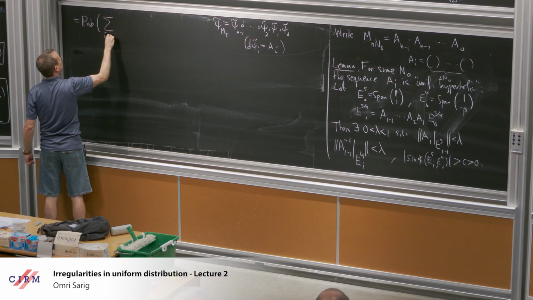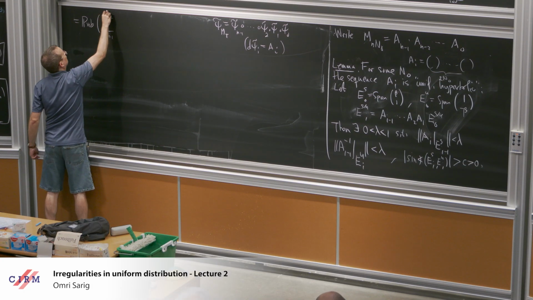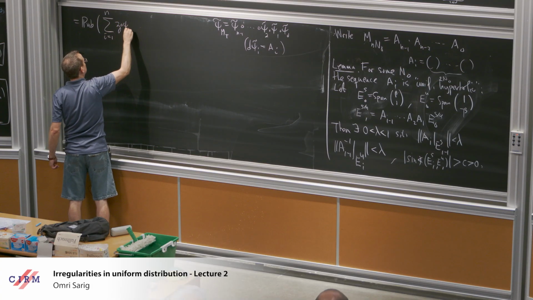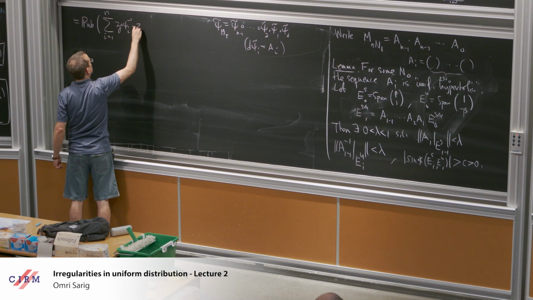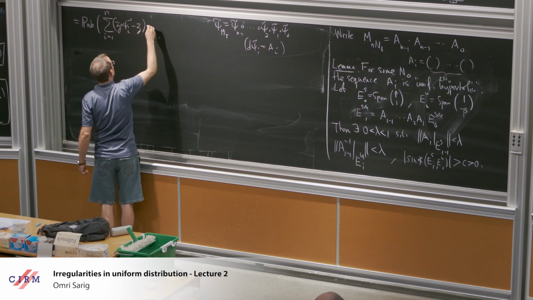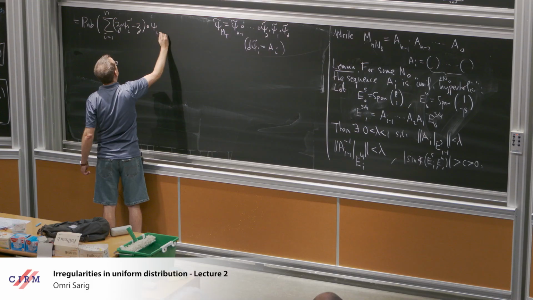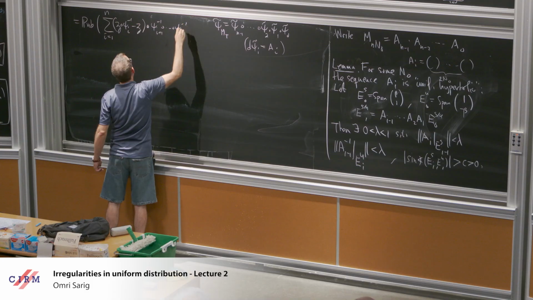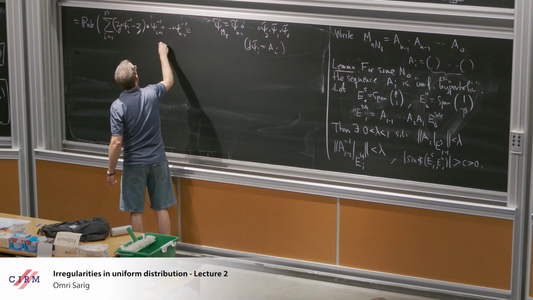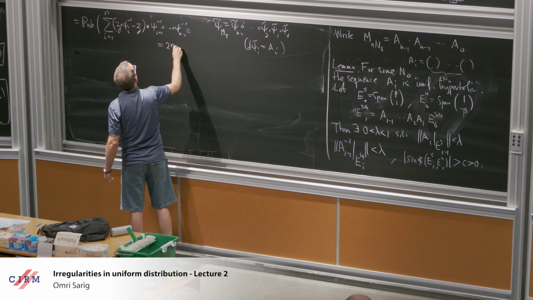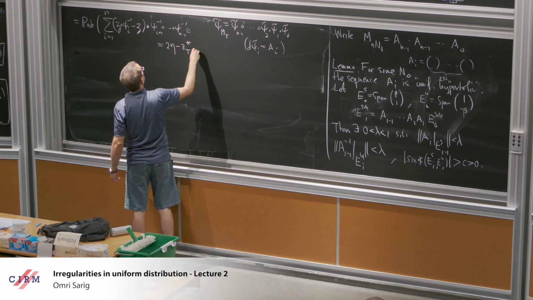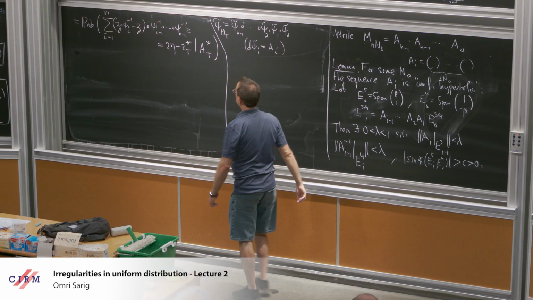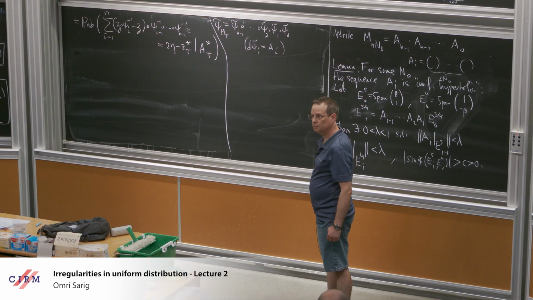Telescopic sum: the sum over i of Z psi_i inverse minus Z psi_{i+1} ... psi_{n-1} is equal to 2 eta minus Z_T on A_T star. I just wrote a telescopic sum.